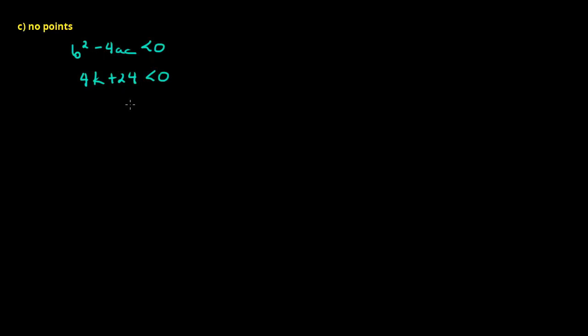When you solve this inequality, you get 4k is less than minus 24. You can divide both sides by 4, and you get that k has to be less than minus 6. So when k is less than -6, you'll get no points of intersection for the line and the parabola.